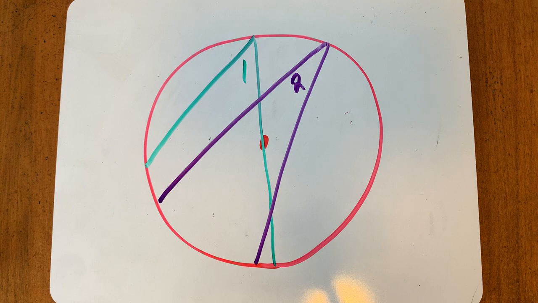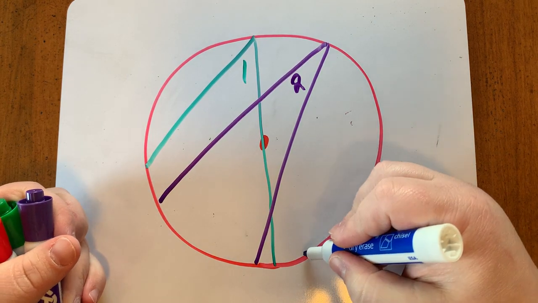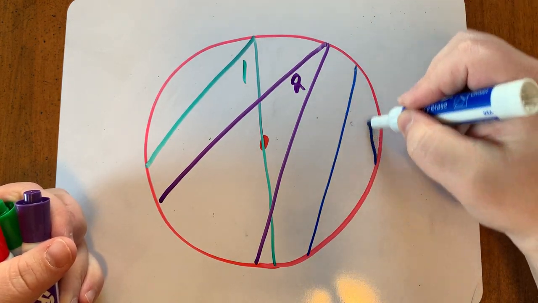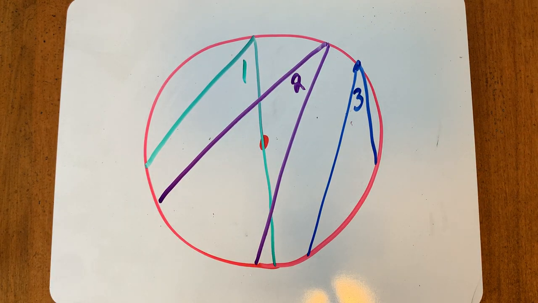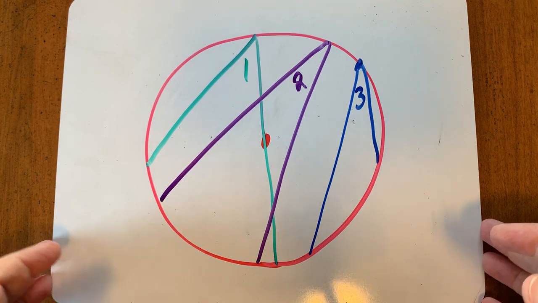And the third case is when the inscribed angle does not contain the center. So there are three cases we need to concern ourselves with: when one of the chords is a diameter, when the center is interior to the inscribed angle, and when the center is exterior to the inscribed angle.